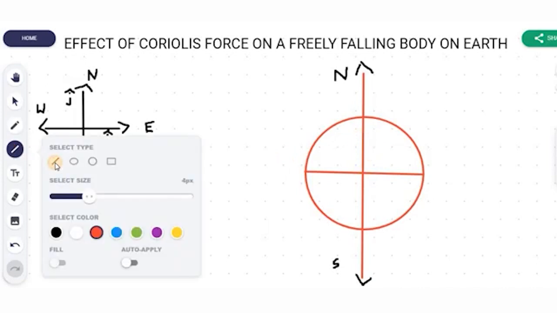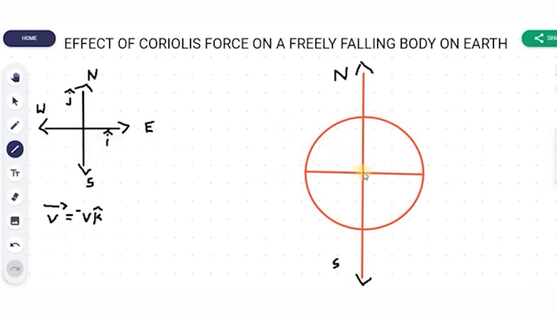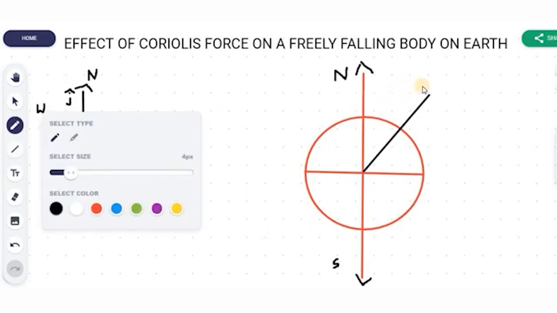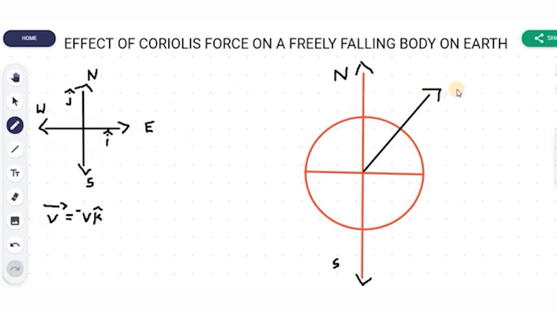The vertical direction is the z direction, and that z direction is k. I change the color for you to identify. This is the vertical direction, and we are naming it k.